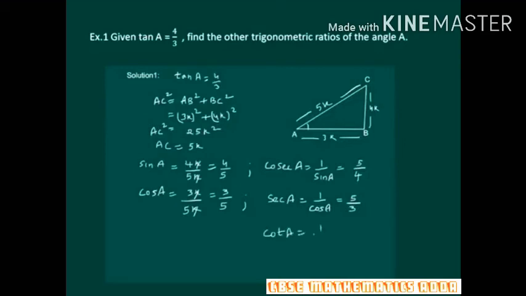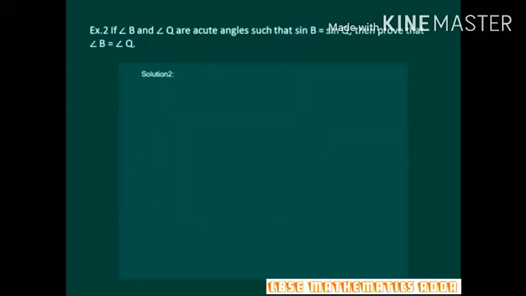Another ratio is cot A. Cot A is simply the reciprocal of tan A, that is 1 by tan A, so we obtain 3 divided by 4. So here we have obtained all 6 trigonometric ratios. One ratio is given and we find out all the other 5 ratios by the formulas.